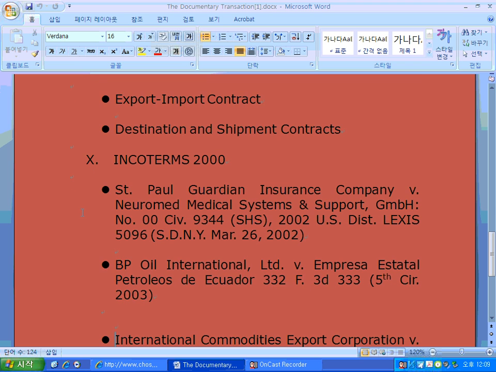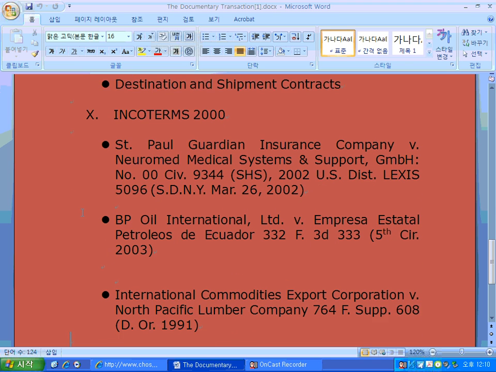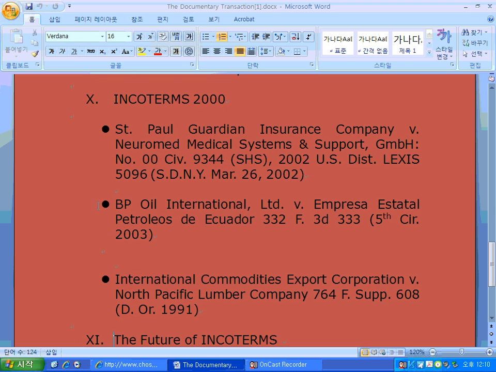In the middle topic, document transaction, in this class we'll think about Incoterms 2000, signaling the beginning of the new millennium.